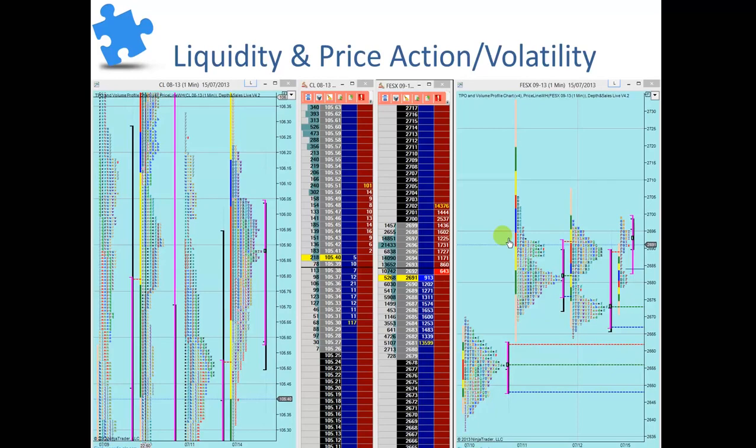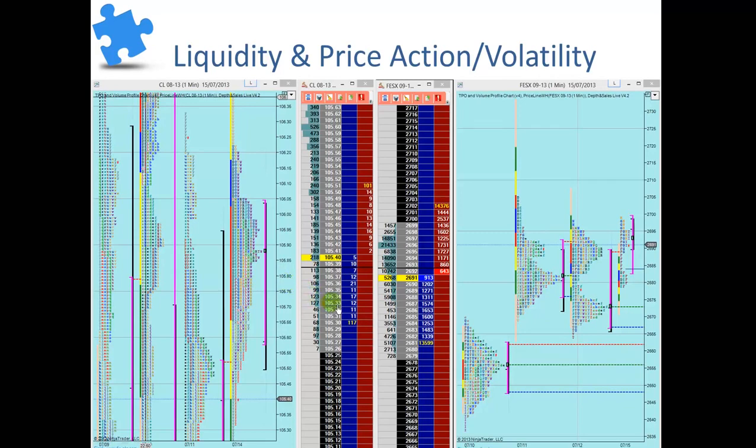So volatility is a function of liquidity. If one day the FESX for some reason had 10 to 20 contracts per level, it would absolutely move like crude oil.